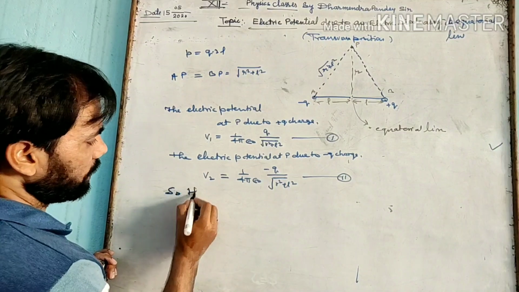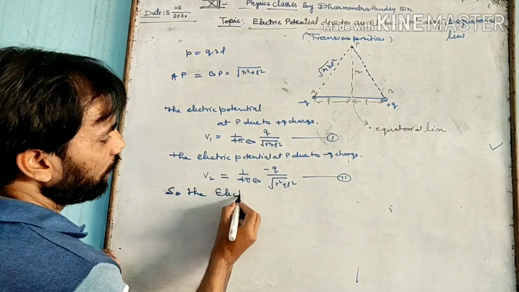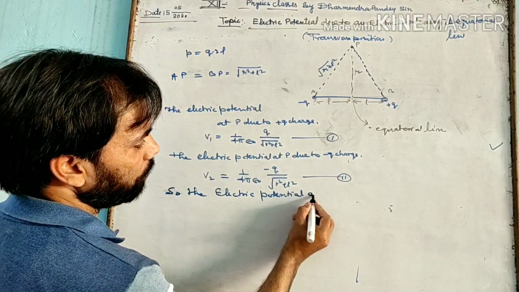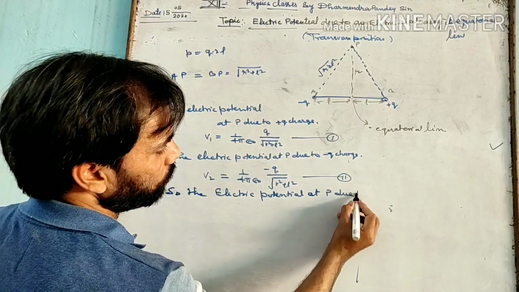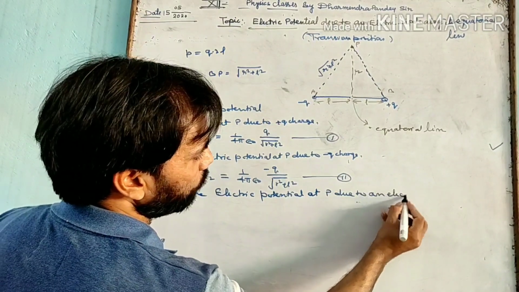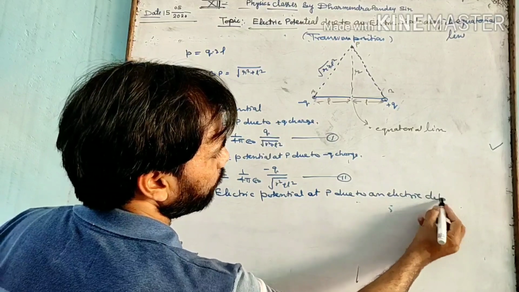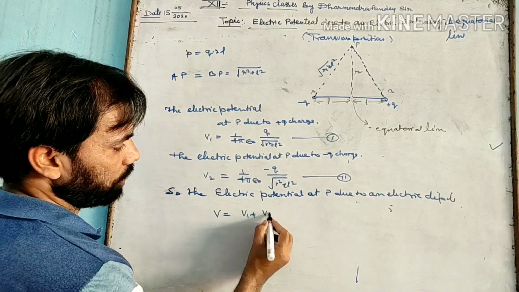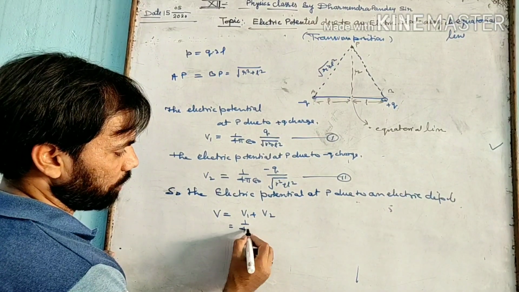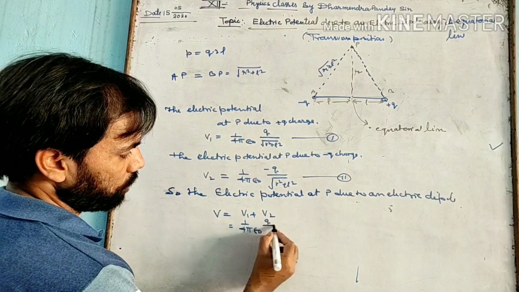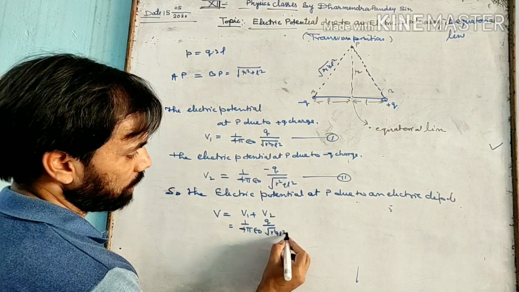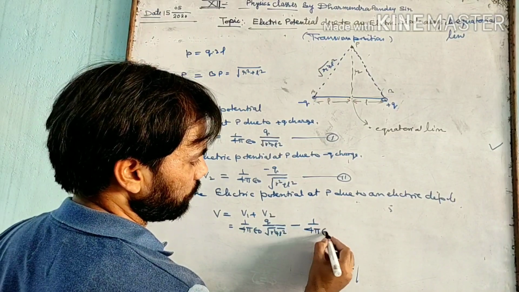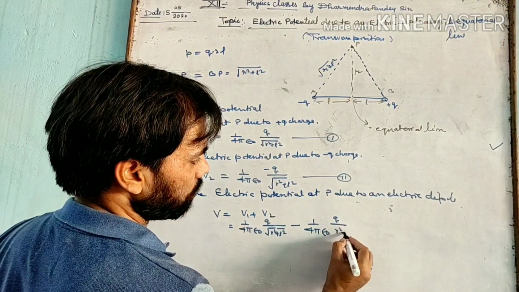So the electric potential at P due to an electric dipole can be written as V is equal to V1 plus V2, and this is nothing but 1 upon 4 pi epsilon 0 Q upon under root r square plus L square minus 1 upon 4 pi epsilon 0 Q upon under root r square plus L square.